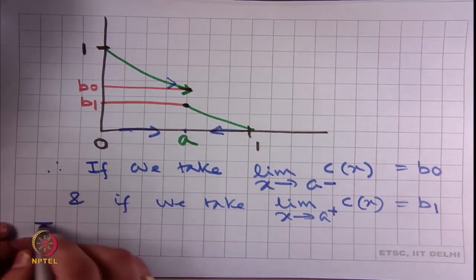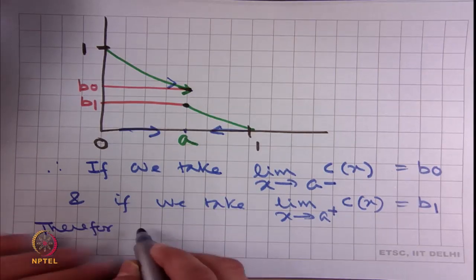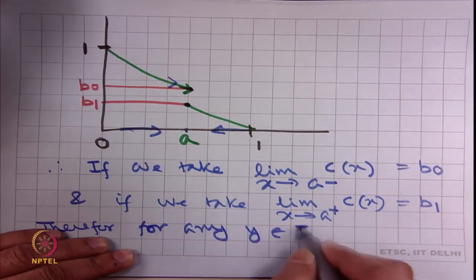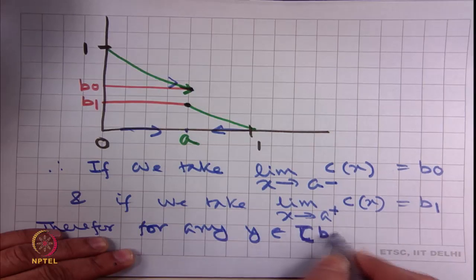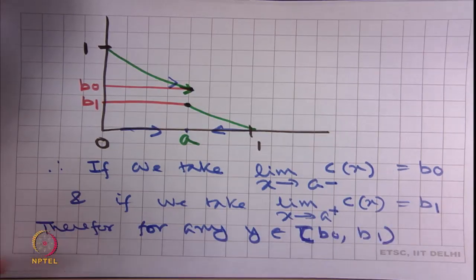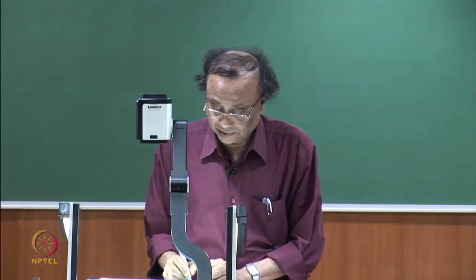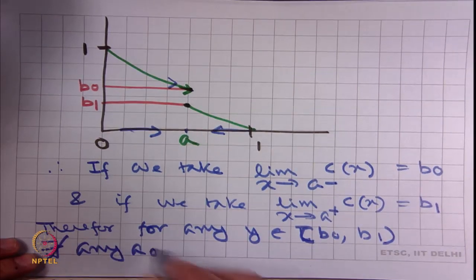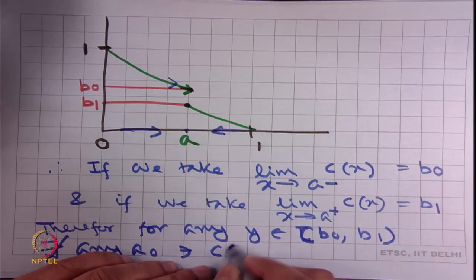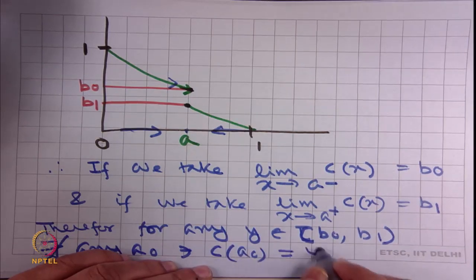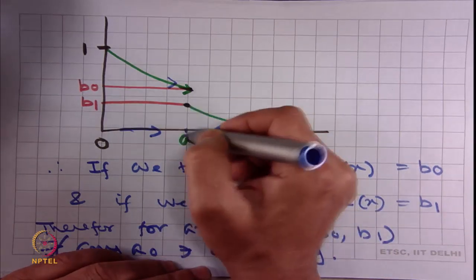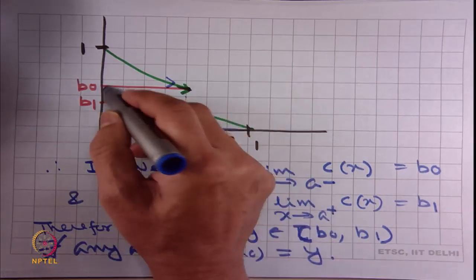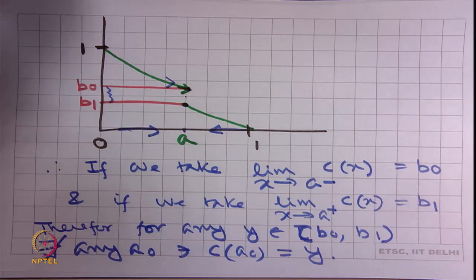Therefore, for any y belonging to the open interval B 0 and B 1, there does not exist any A naught such that C of A naught is equal to y, because for no values of A naught in the interval 0 to 1, we can achieve an intermediate point of B 0 and B 1 to be the value of the complement.